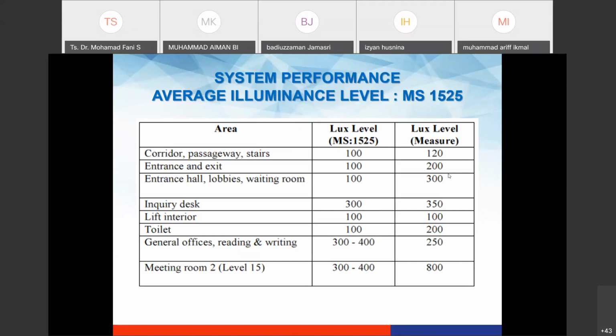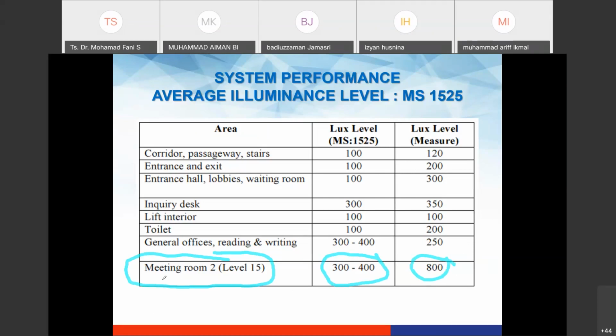From here, we can see there is a lot of opportunity to get savings from the lighting system when the lux level is over compared to the Malaysian standard. For example, here, meeting room 2, level 15. The lux level should be within 300 to 400, and the measured value is 800.